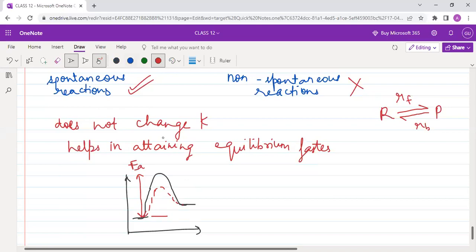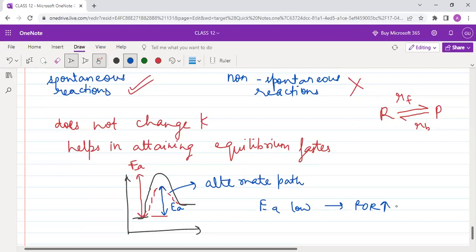If we added the catalyst, the activation energy will decrease, and now the activation energy will be this blue one. So you can see that the catalyst reduces the activation energy by providing an alternate path. And if the activation energy is low, the rate of reaction will increase. So hence we say that the catalyst increases the rate of reaction.